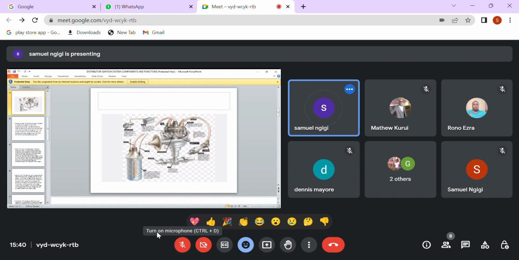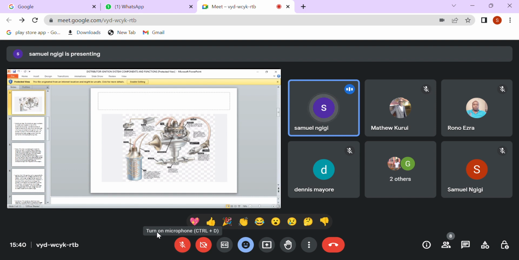Again, in the distributor, we have what we call the condenser. The condenser is located inside the distributor here, around this point. Around this point is where the arcing takes place, that is, when the high voltage is released.